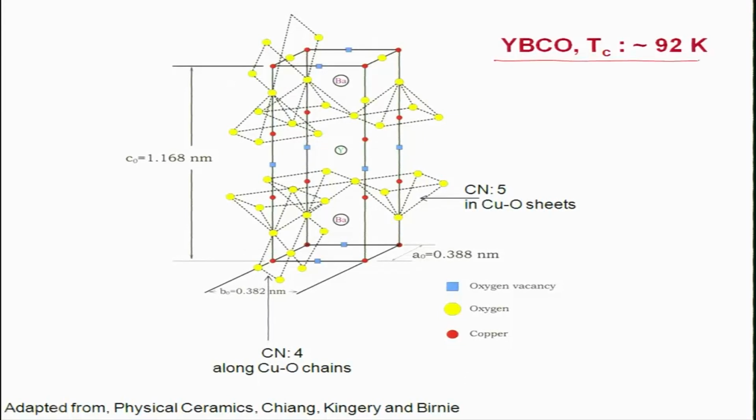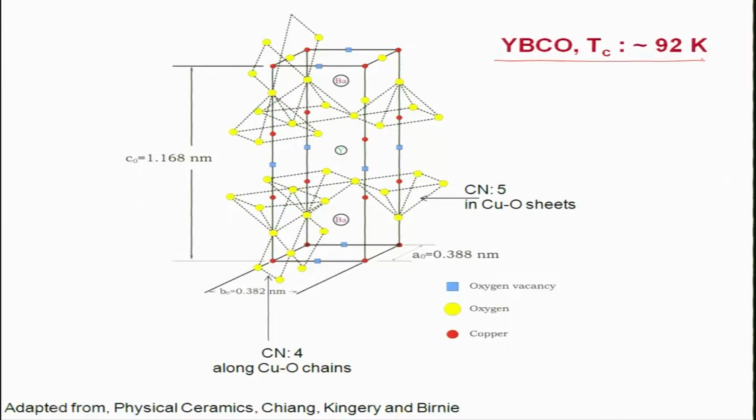Liquid helium is far more expensive and difficult to manage as compared to liquid nitrogen, which is far more cheaply available and reduces the cost of operations. So, this was a major discovery in the area of superconductivity, because 92 Kelvin was higher than liquid nitrogen. You could have a superconducting wire at 90 Kelvin without needing liquid helium, which was a great achievement.